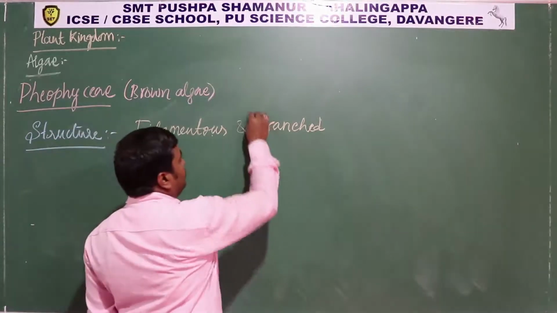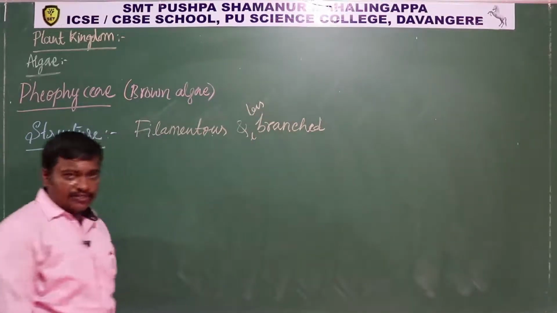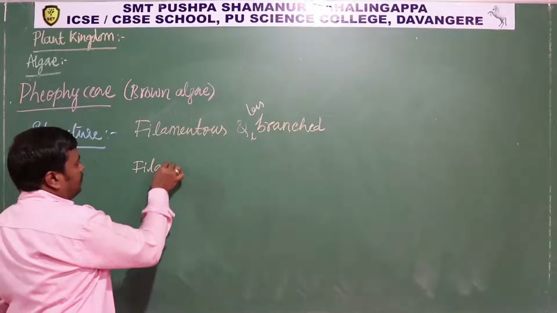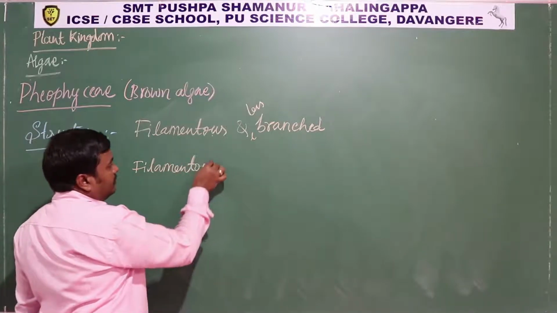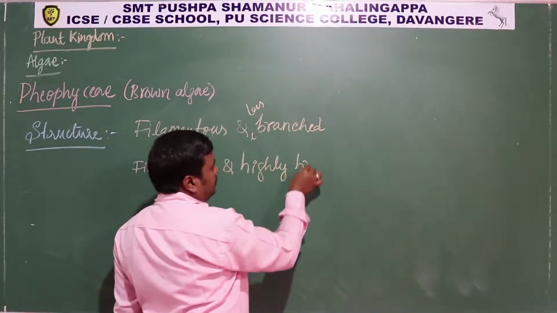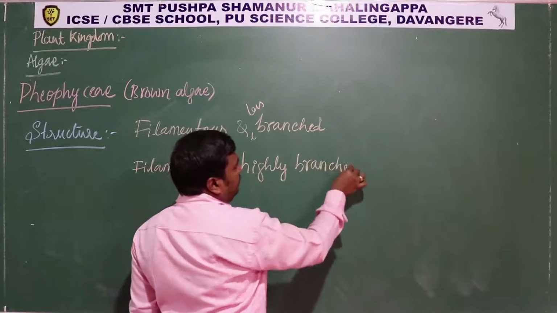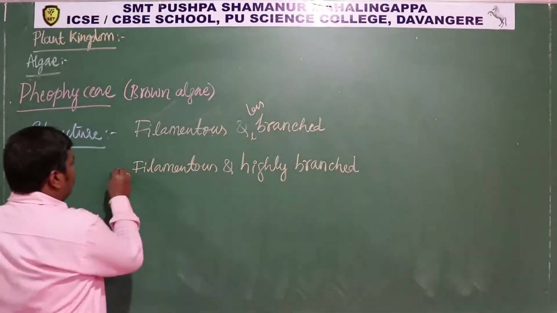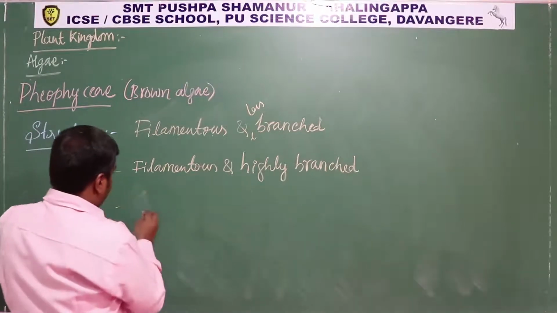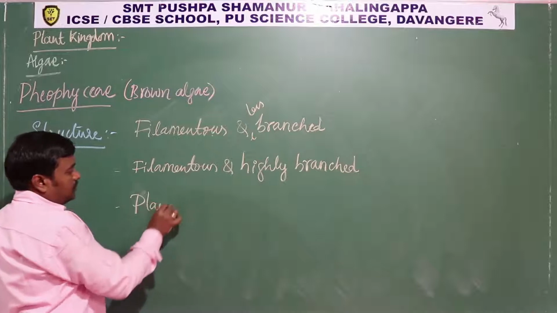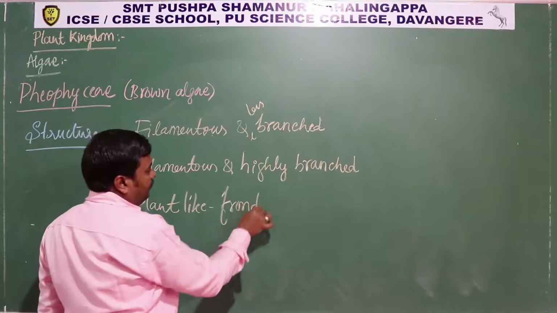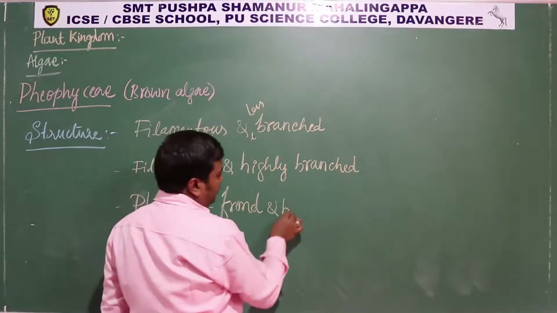So filamentous with less branching. And a few more are there, or they may be filamentous and highly branched. Or plant like, with a frond and branched.